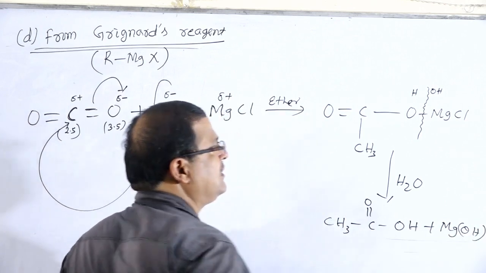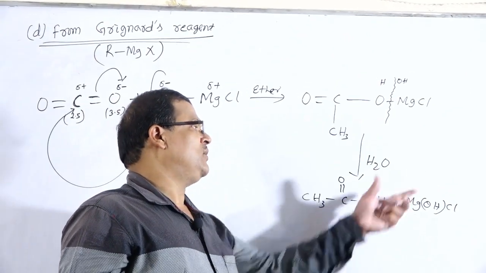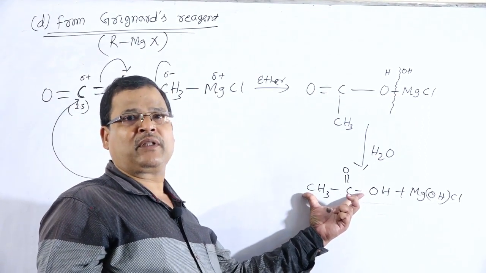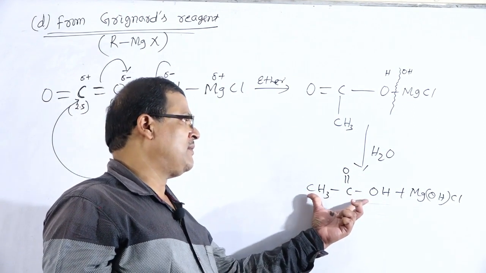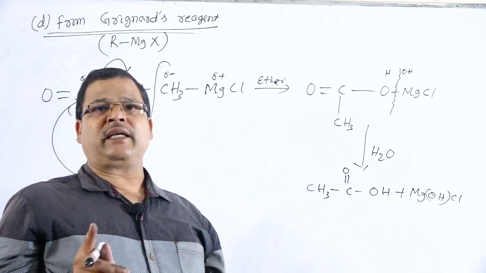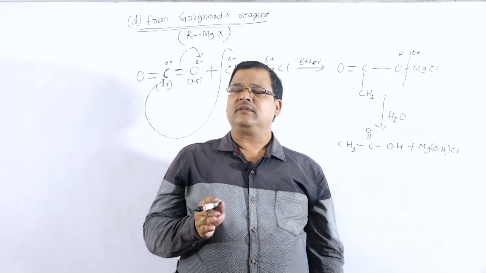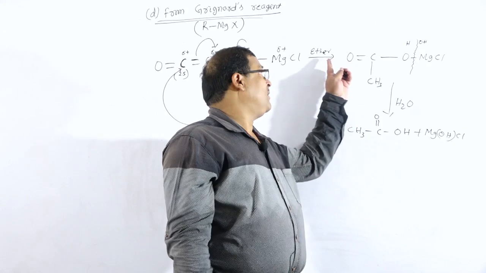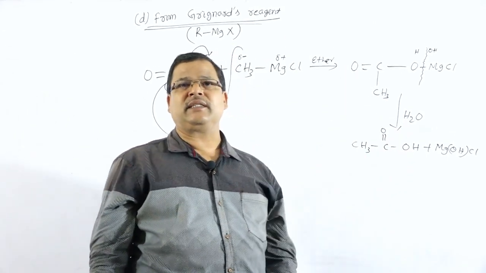That is CH3COOH plus MgOHCl, the formula for acetic acid. So when carbon dioxide gas is passed through the ethereal solution of methyl magnesium chloride, followed by hydrolysis, acetic acid is formed.